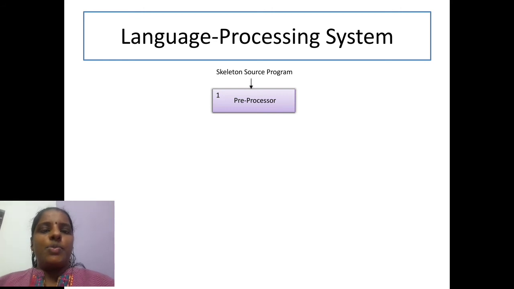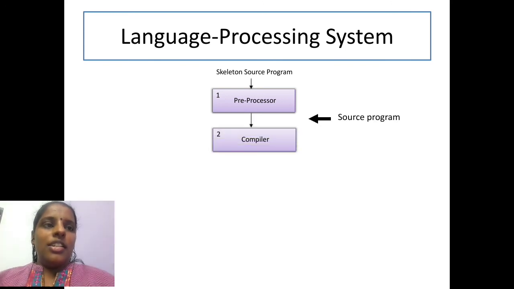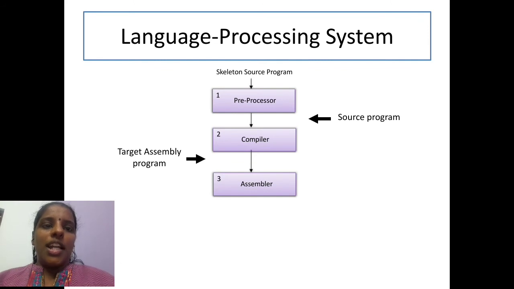Now we'll go with the language processing system, or the steps involved in converting a skeletal source program into an executable file. The source program is read by the preprocessor, and this skeletal source program is converted into an actual source program. This actual source program is read by the compiler to produce a target assembly code.